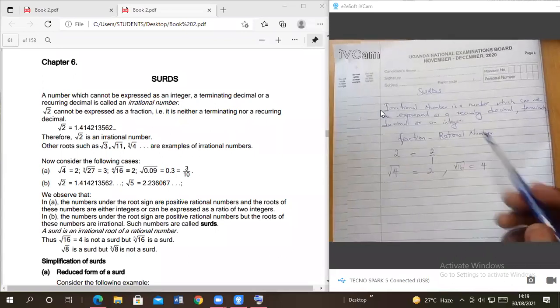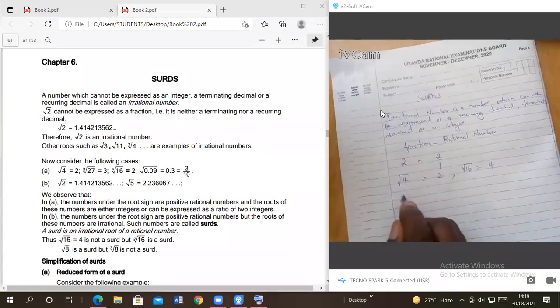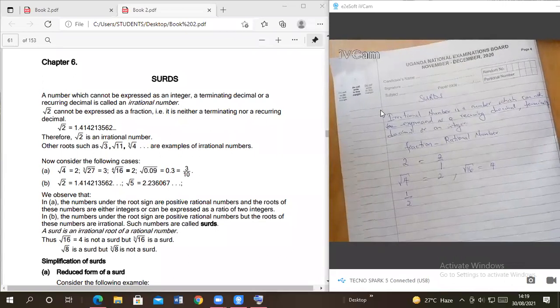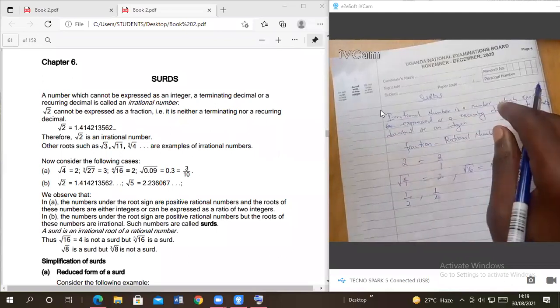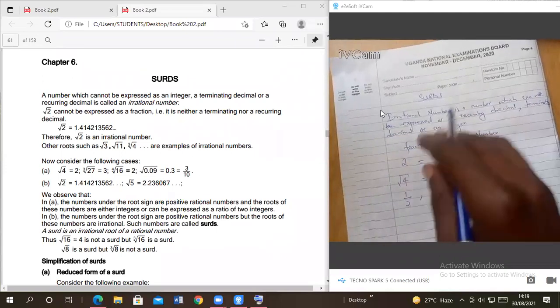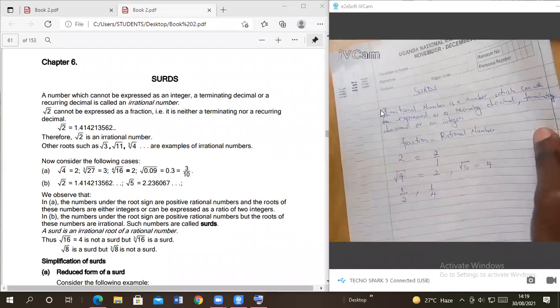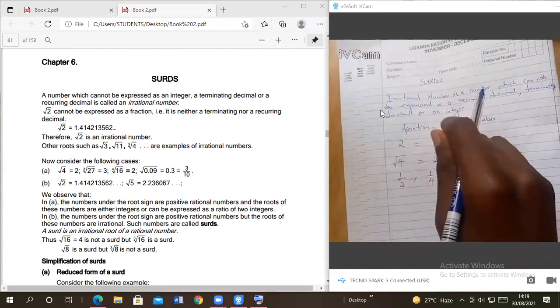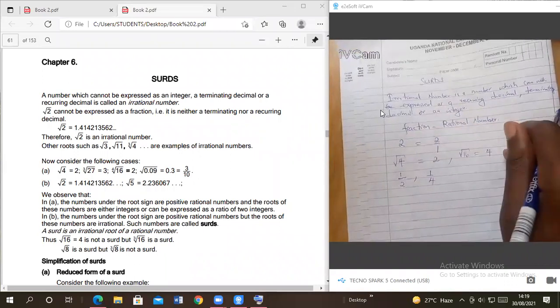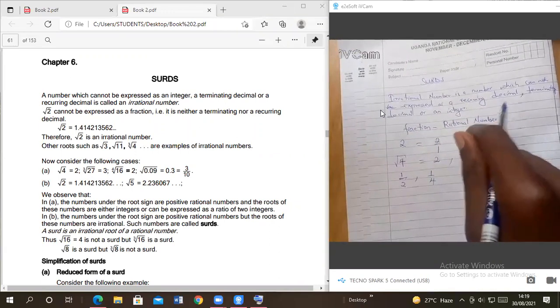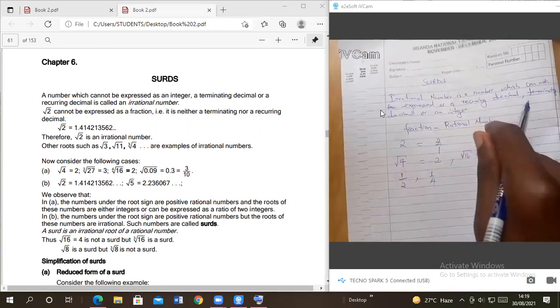Examples of rational numbers are 2, a half, a quarter. Those are rational numbers because they can be expressed as fractions, and they give either a terminating decimal, a recurring decimal, or an integer.